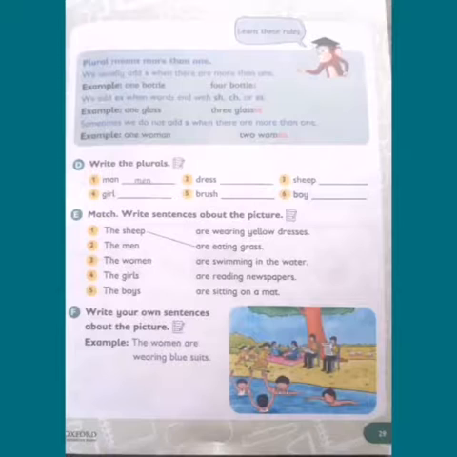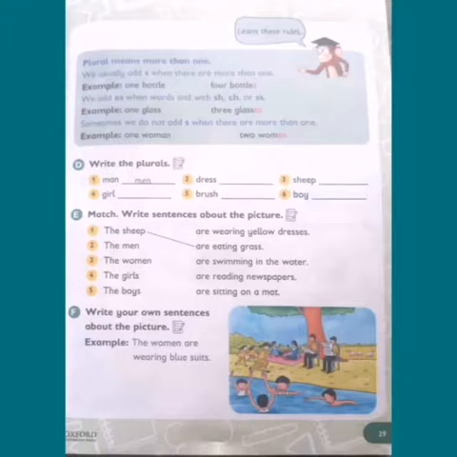The man, what is the man doing in the picture? Two men. What are the two men doing in the picture? They are reading newspapers. So match the words the men with are reading newspapers. What are the women doing here? The women are in blue dresses and they are sitting on a mat. So the women are sitting on a mat.